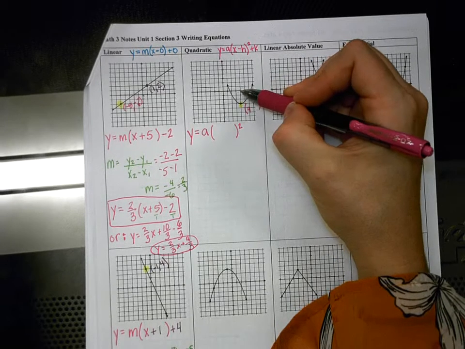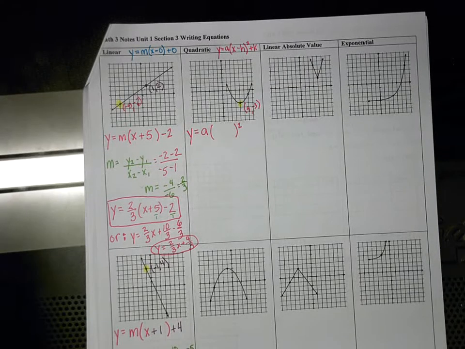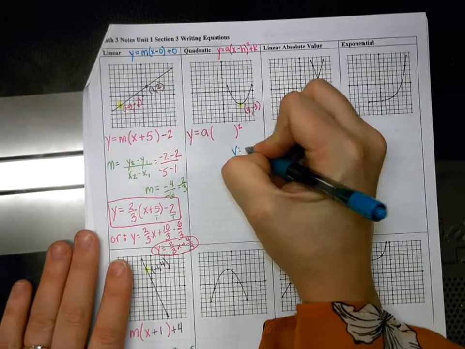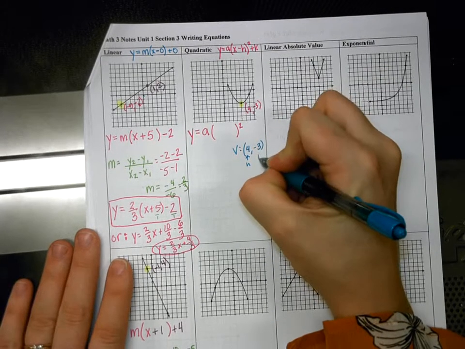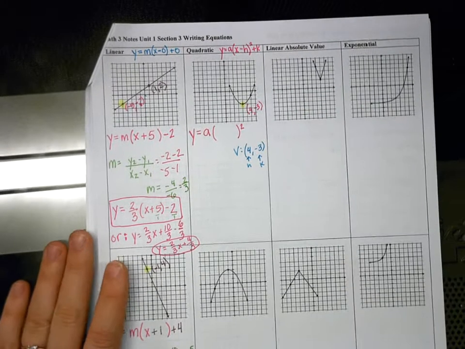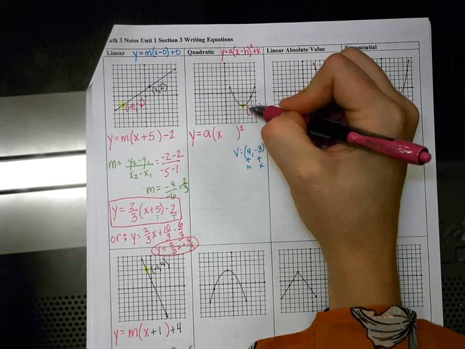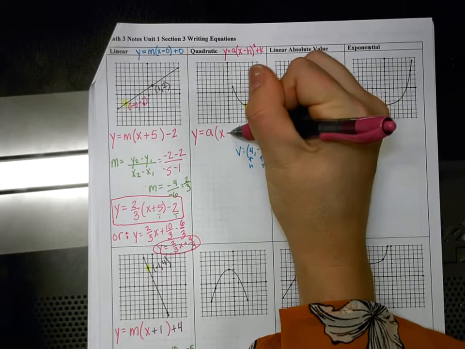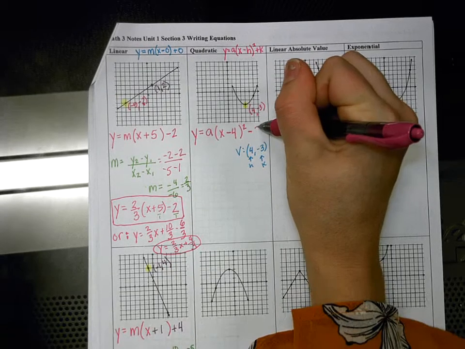Oh, yeah, -3. Remember, that is your h, this is your k. So if it's a +4, what do I want to write inside the parentheses? -4, and then a -3 is -3.